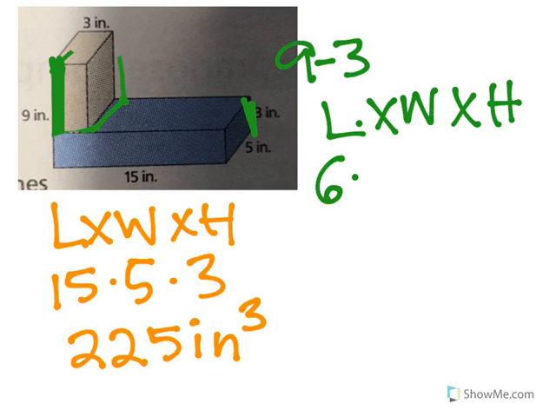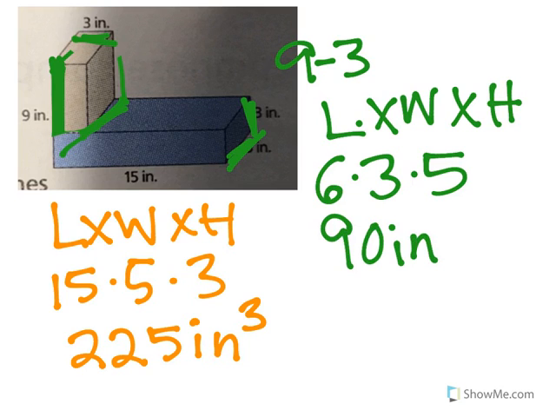Now I can take my 3 here, 3 here, and I know I still have 5 inches in depth because it tells me here that it's 5 inches. So 6 times 3 times 5 is 90 inches cubed.